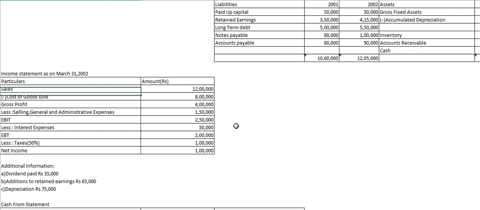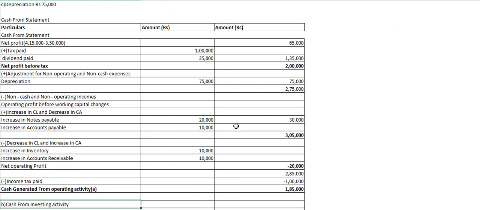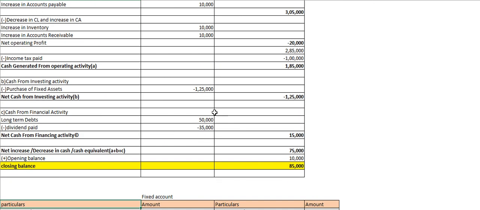And if you have any dividend paid, you will minus it. So long-term debt 50,000 has increased, so you will add it. So minus your dividend paid because it is outflow of cash, minus 35,000, which is given in your income statement. So the resultant figure is 50,000 minus 35,000, which is 15,000. So this is nothing but your net cash from financing activity.